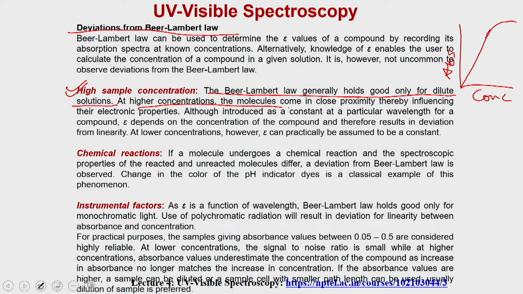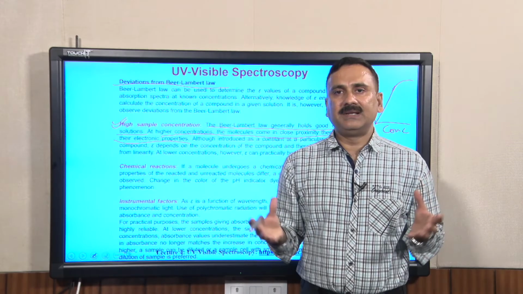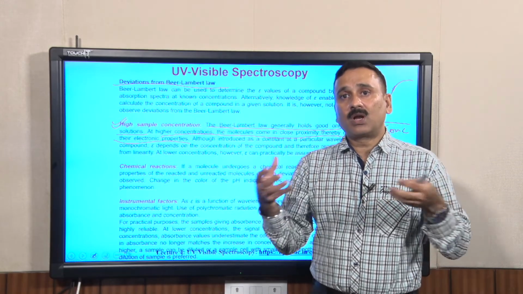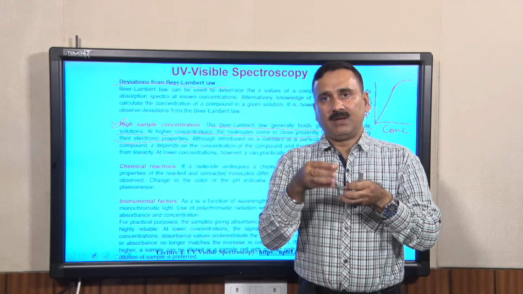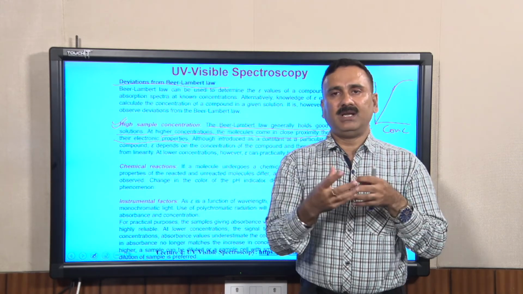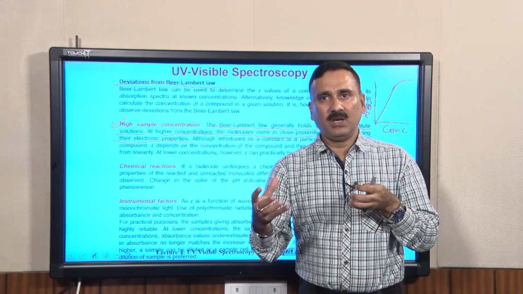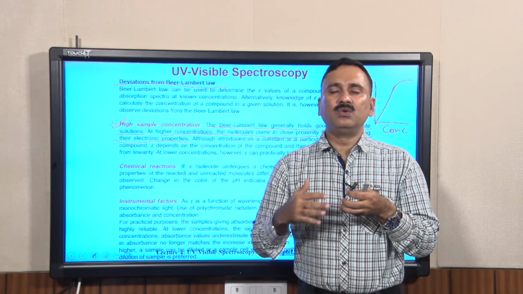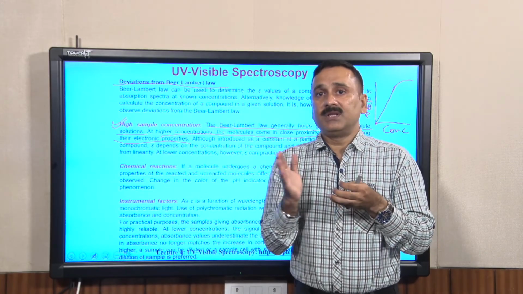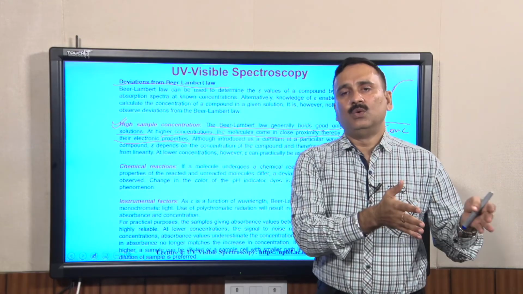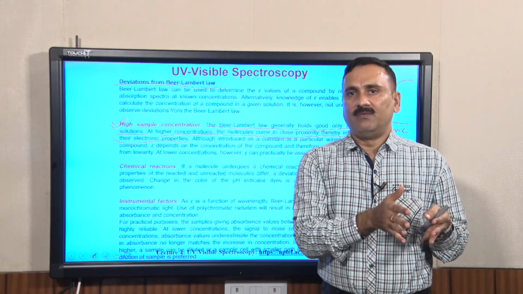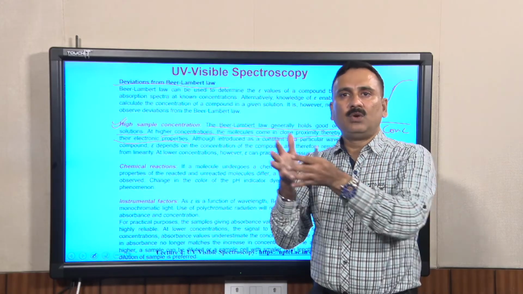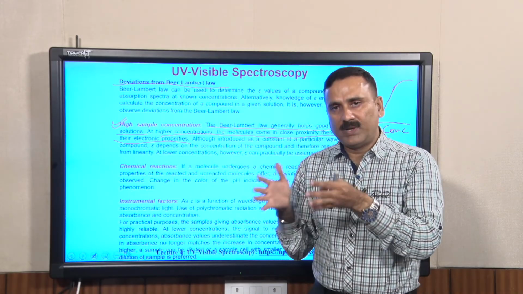At higher concentration, the molecules come in close proximity, therefore influencing their electronic properties. Because of molecular crowding, one molecule starts affecting the electronic transitions in another molecule, and that gives very high absorbance, which is not equivalent to the Beer-Lambert law, which means it is not going to follow the A equals epsilon C l equation.